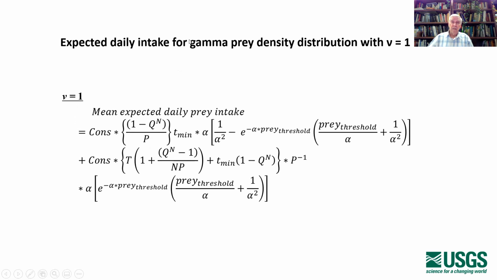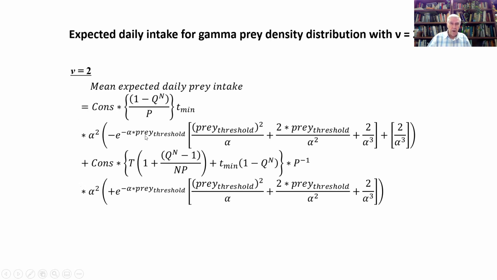Okay, given our general formula, we can input our assumed gamma distributions. If the gamma prey density distribution is with nu equal to 1, we get the following. And I'm not going to go through these. All of these things are demonstrated in our paper by Lee et al. in the appendix. When nu is equal to 2, we get the following expression.